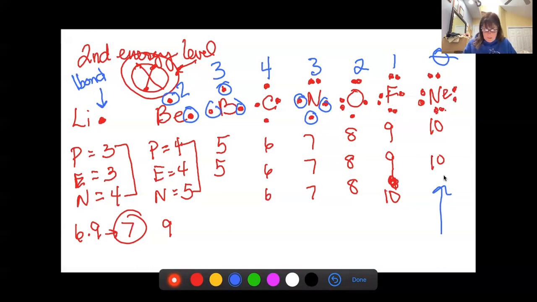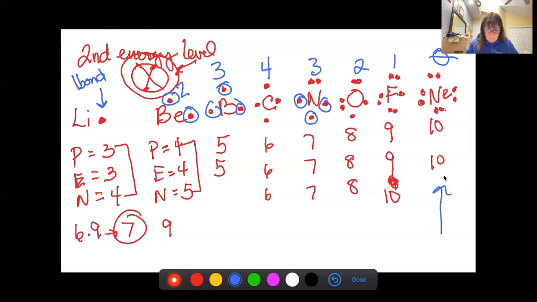If we were to continue on to the third energy level, we would see the same pattern. We would see that sodium has one. Notice sodium is going to be underneath lithium. So if you're looking at your periodic table, sodium also is going to have one.